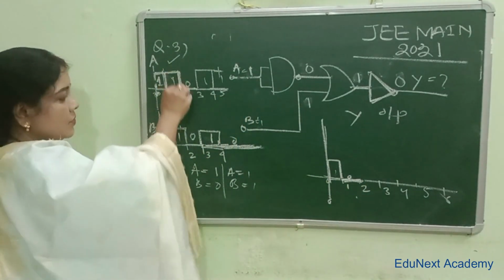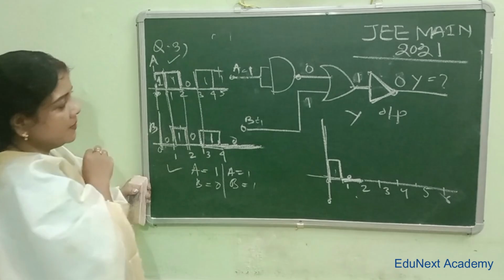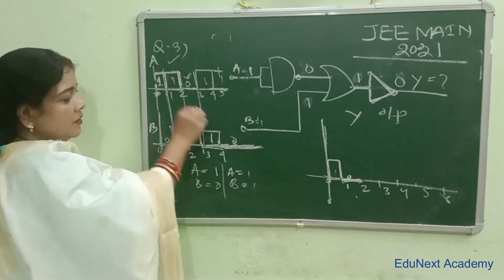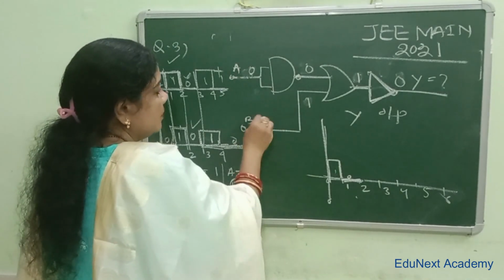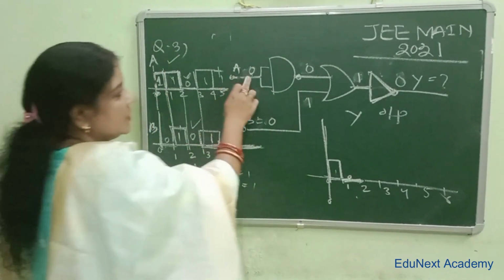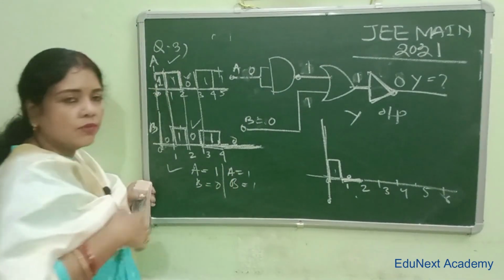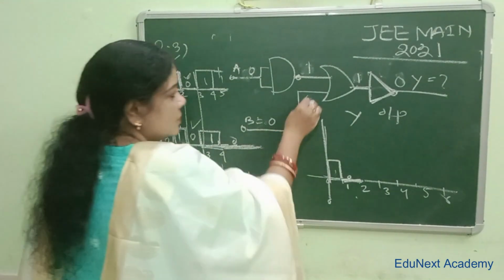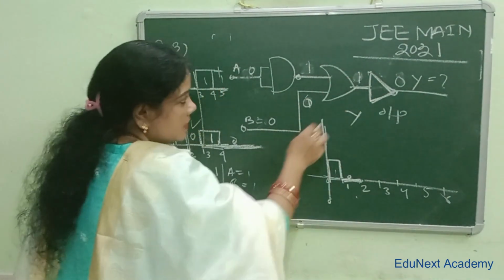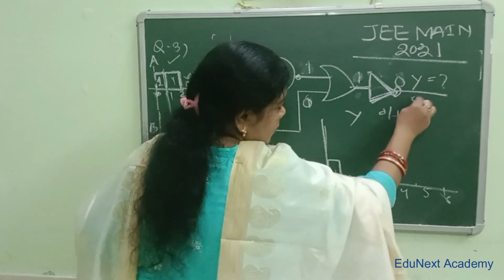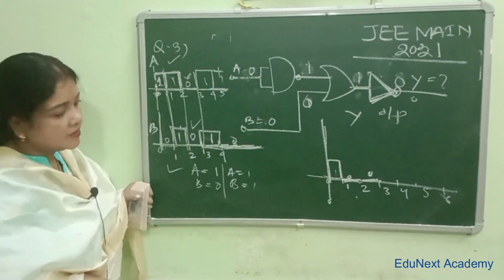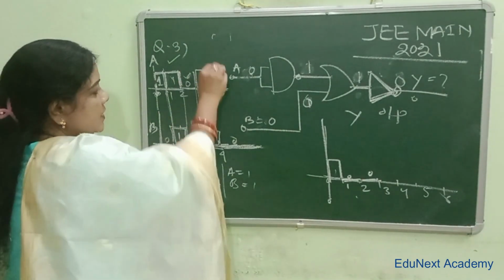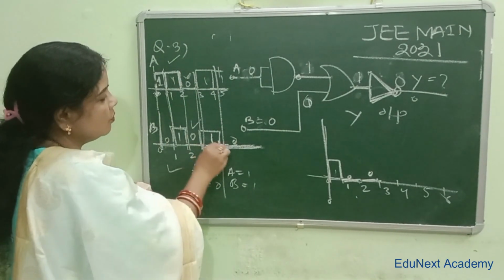Okay. Next come to the 2 to 3 time period. In 2 to 3, both are 0. That means A is 0, B is also 0. If it is 0, then the OR gate output is 1, and if this is 1, the NOT gate output is 0. That means in 2 to 3, again it will be 0. Next, come to the next cycle, 3 to 4, both are 1.